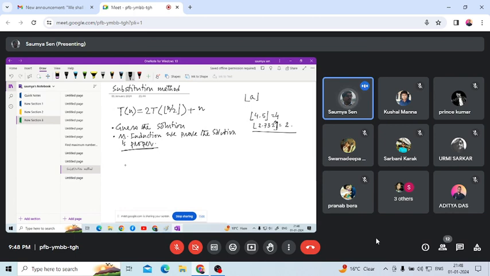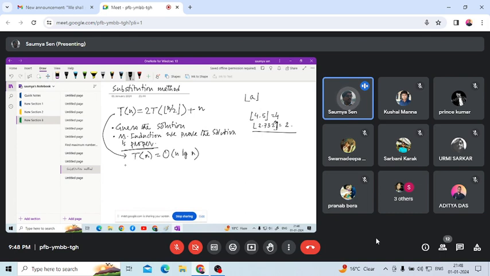Say for this example, we guess the solution will be T of n equals big O of n log n. LGN means log n base 2.